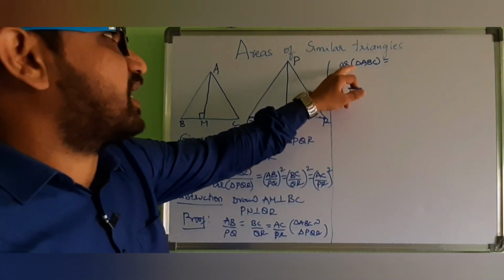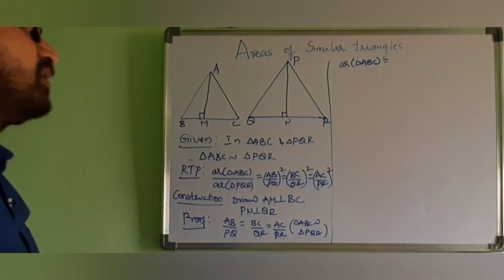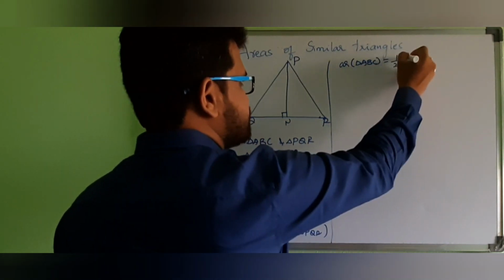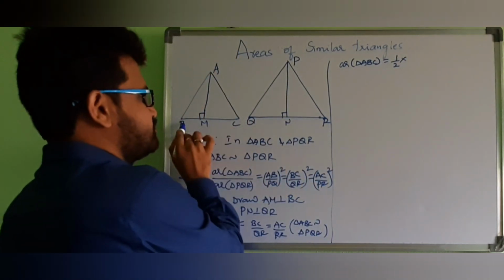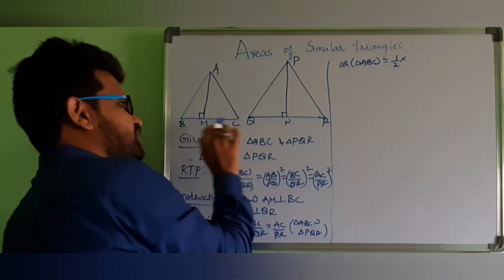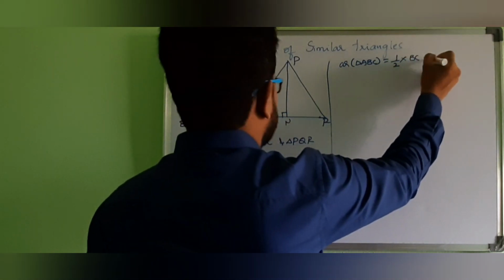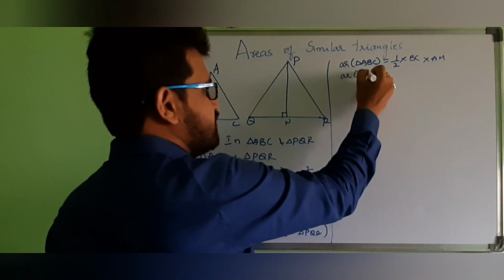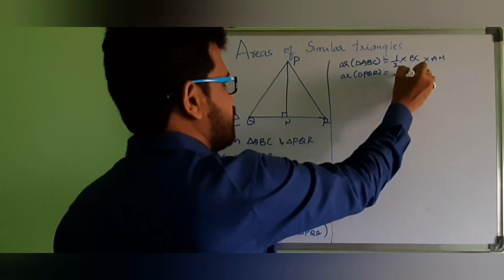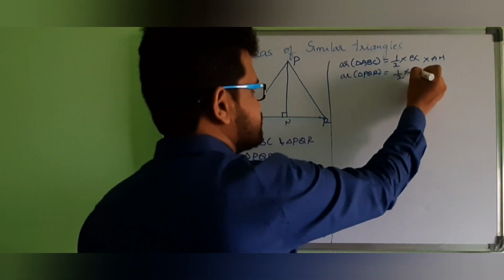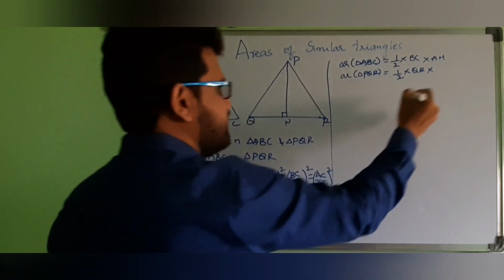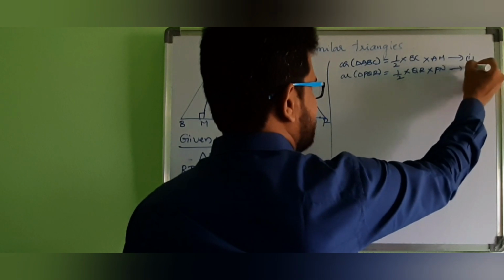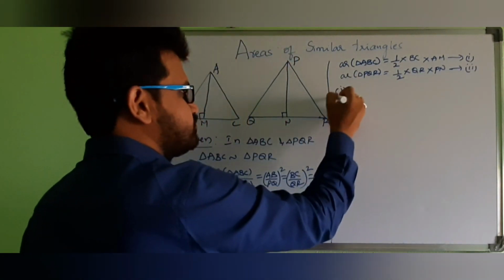I am writing shortcut AR, nothing but area of triangle, half into base into perpendicular height. What is the base here? BC, where we are drawing that perpendicular, that is the base BC, into AM. And what is area of triangle PQR? Half into base QR into height PN. Now this is 1 and 2, divide 1 and 2.